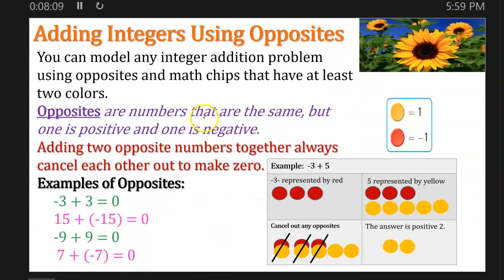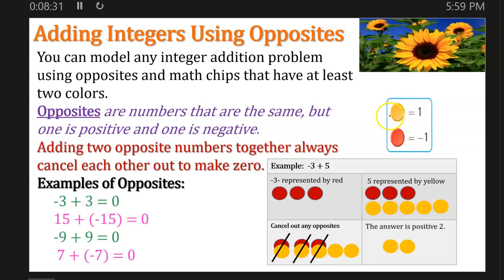Okay, so I'm going to show you how to add integers using the opposites. You can model any integer addition problem using opposites and math chips that have at least 2 colors. So opposites are numbers that are the same, but one is positive and one is negative. An example here is a positive 1 and a negative 1.